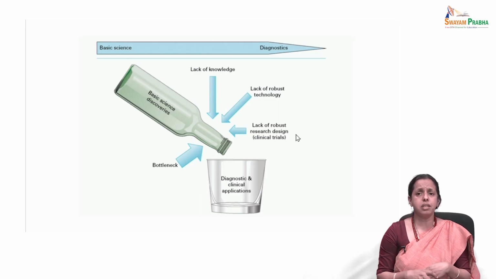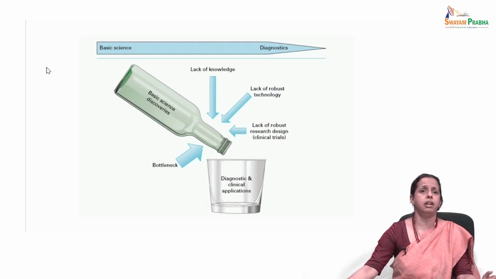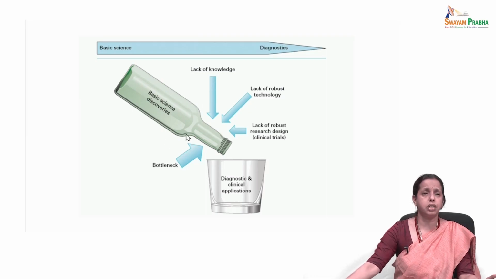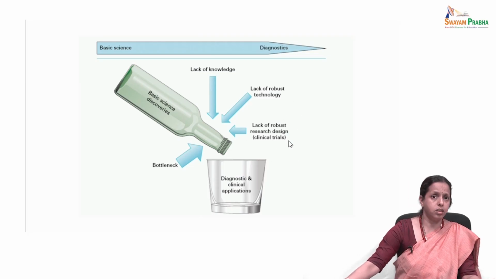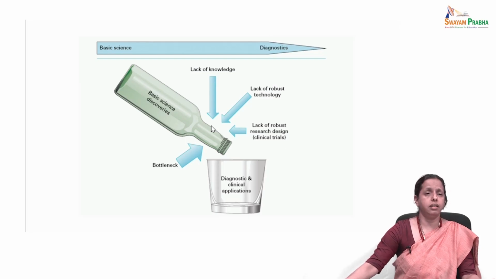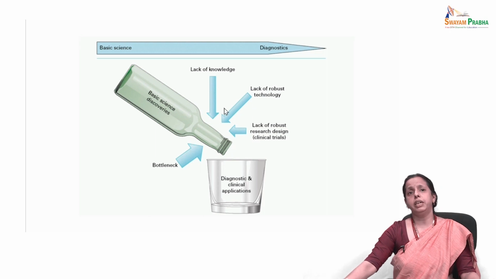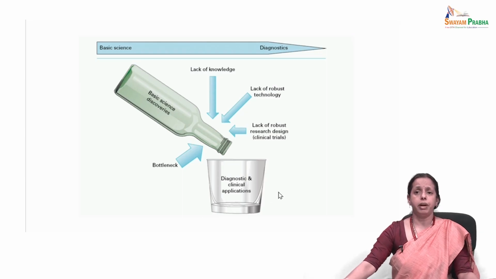This is the ultimate challenge. You have your basic science discoveries which have happened, and the bottleneck is the lack of technology or the lack of robust research, and how they really help the clinic in giving a better, improved clinical outcome.